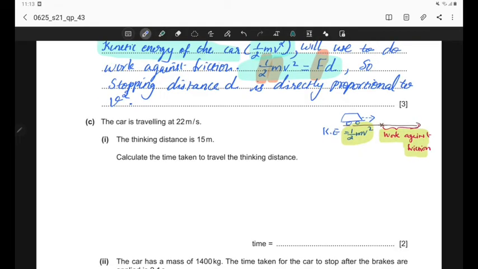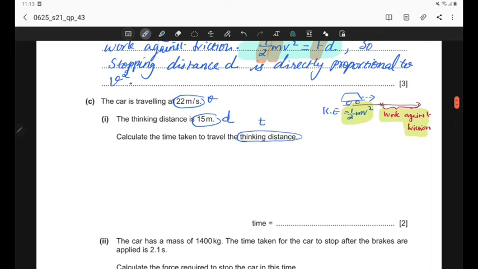Part C: the car is traveling at speed 22 meter per second. The thinking distance is also given. Calculate the time taken to travel the thinking distance. So you just need to calculate the time for the same distance. Here we can use the equation speed is equal to distance over time, and in order to calculate time, you can make time the subject.